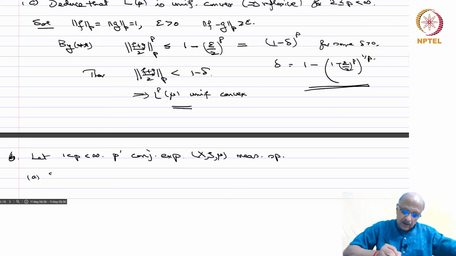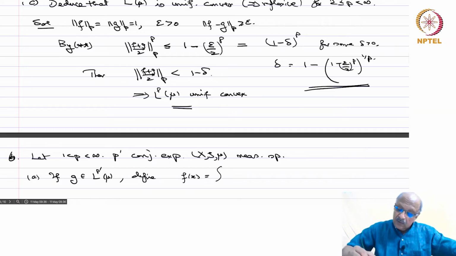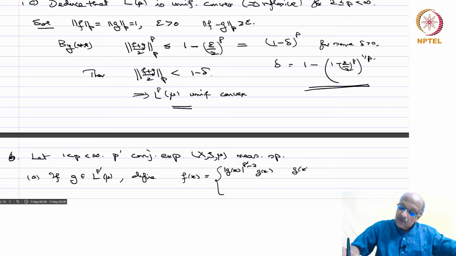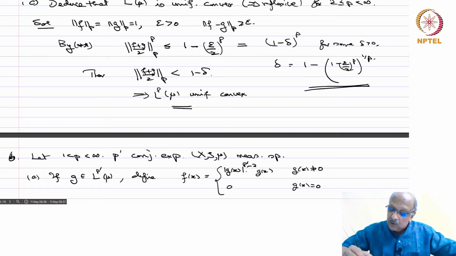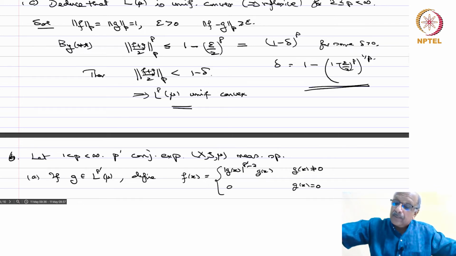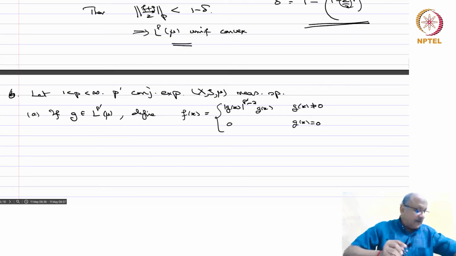A, if g belongs to L^p dash(mu), define f(x) to be, we have done this kind of thing before, mod g(x) to the power of p dash minus 2 times g(x) if g(x) is not 0, and 0 if g(x) equals 0. Why am I doing this? Because p dash minus 2 may be a negative exponent, so we don't want things blowing up. So that is why we are defining it this way.